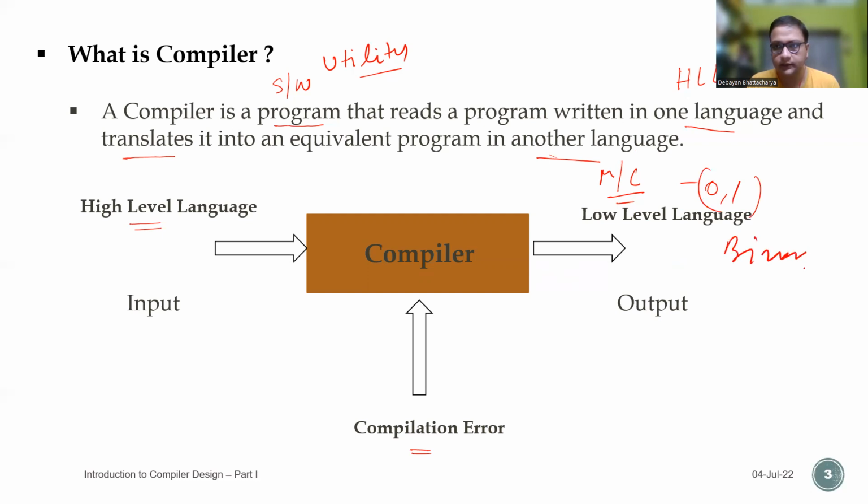For that reason, we use a high-level language, just like English, and write all the instructions the user wants to interact with the system. The compiler is the responsible utility software that converts those instructions from high-level language to low-level language, or better to say, machine-level language. This is the very brief concept of a compiler.